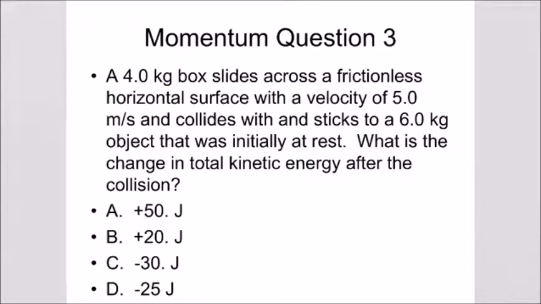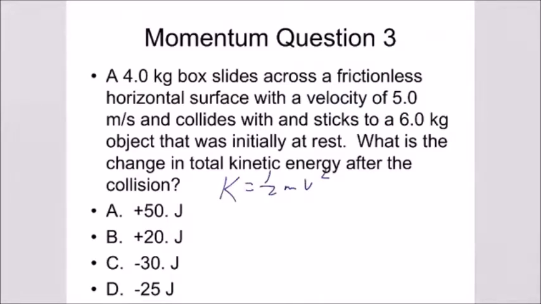All right, it looks like the same problem, but this time we're looking at the change in total kinetic energy after the collision. First of all, we need to know the kinetic energy before the collision. Remember that kinetic energy is 1/2 m v squared.